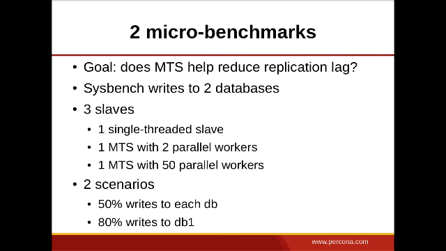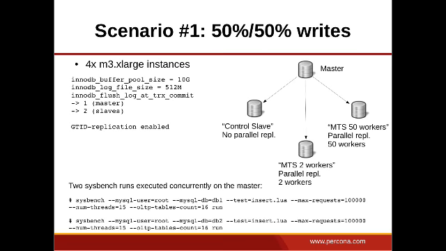So in the first test we are in the ideal situation, a 50% distribution of the writes. You should have the best result with that. Now the second scenario is something less optimal, something that we will see more frequently in a production workload.